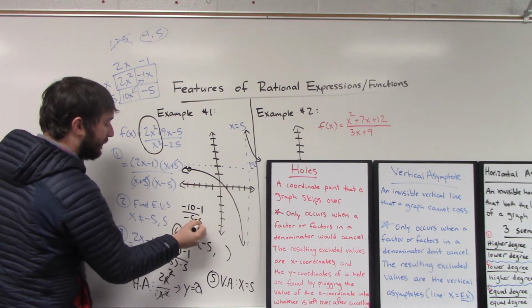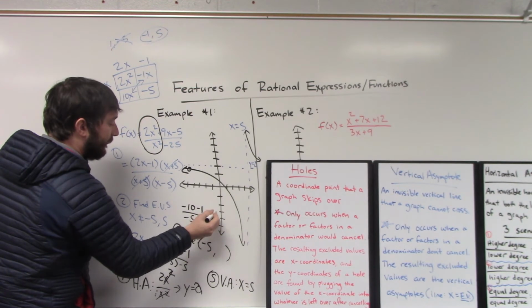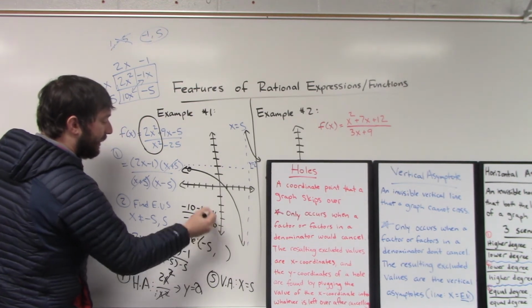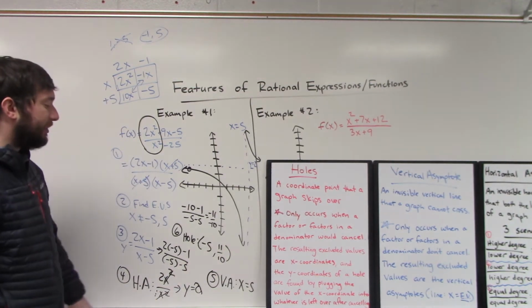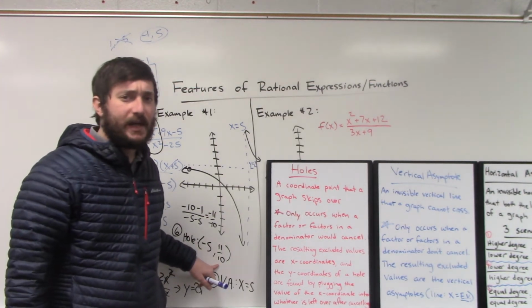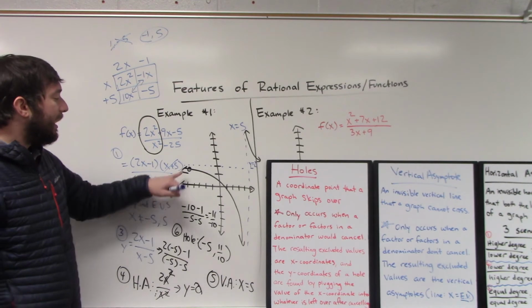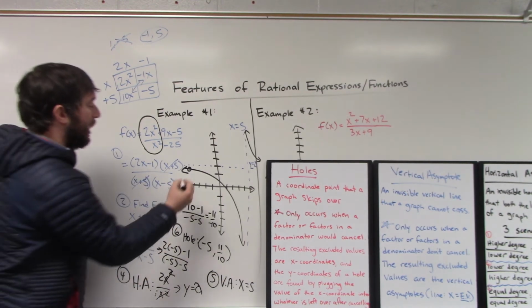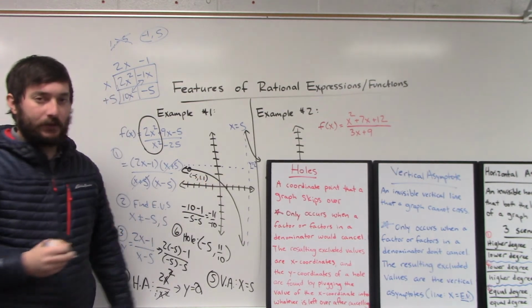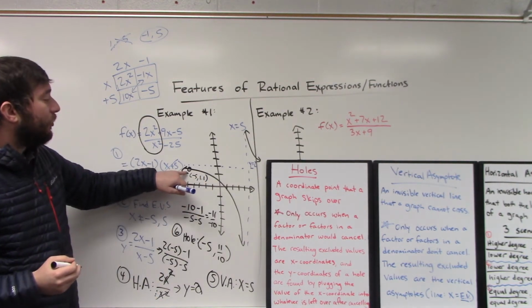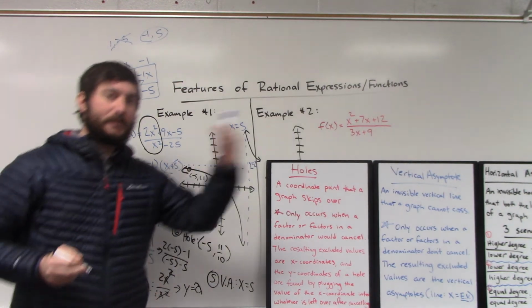Negative 5 minus 5. This is going to be negative 11 over negative 10, and negative over negative is a positive. This turns out to be a fraction. It's like 1.1 if you divide that in a calculator. So at negative 5, comma, 1.1 or 11 over 10, that's the coordinate point that the graph skips over.